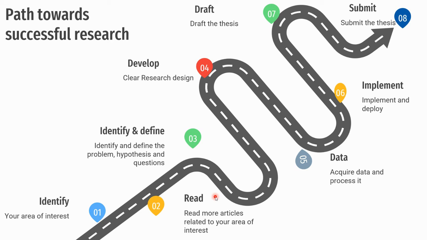Take some time to read more articles, and you will get some insights from that. Then based on that, you have to identify and define the problem, hypothesis, and questions.